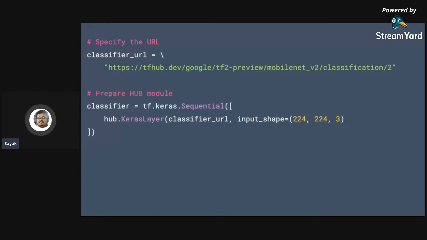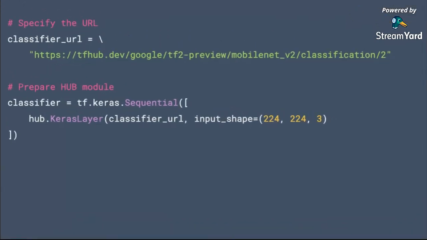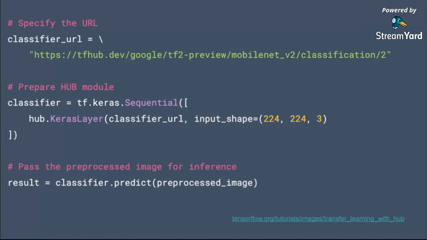Then you typically load it in a Keras layer, which is everyone's favorite. Then you would construct a Keras sequential model with that particular Keras layer that you just constructed with the TensorFlow Hub module. You can specify the input shape. So these arguments are all there. Feel free to check out the documentation for that. And just that.